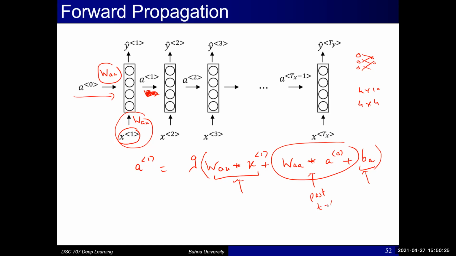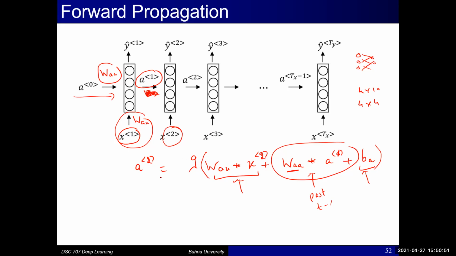Okay, so we have written it for A1. Similarly, you can write it for A2. What would be A2? I just change it to 2, because you have this input multiplied by the same weight matrix. Similarly, you have this A1 coming in, so this will become A1 multiplied by the same weight matrix, and you will have a vector of 4 bias values, and you will apply the activation function.